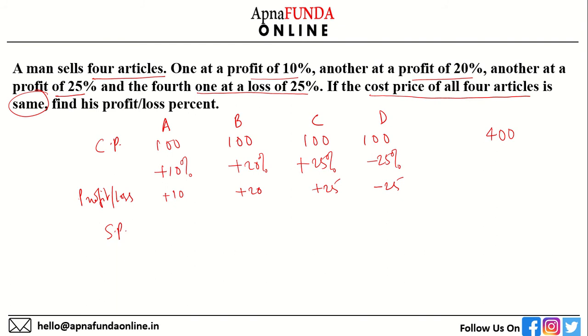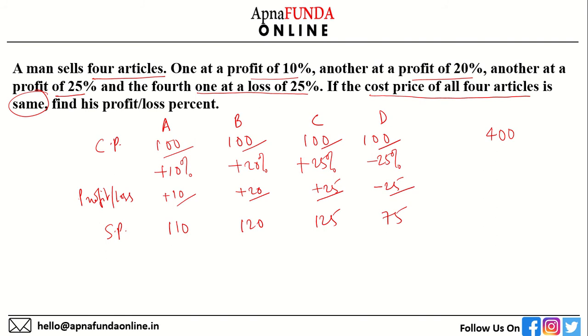So the final selling price will become, in this case, 100 plus 10, 110, 100 plus 20, 120, 100 plus 25, 125, 100 minus 25, 75.